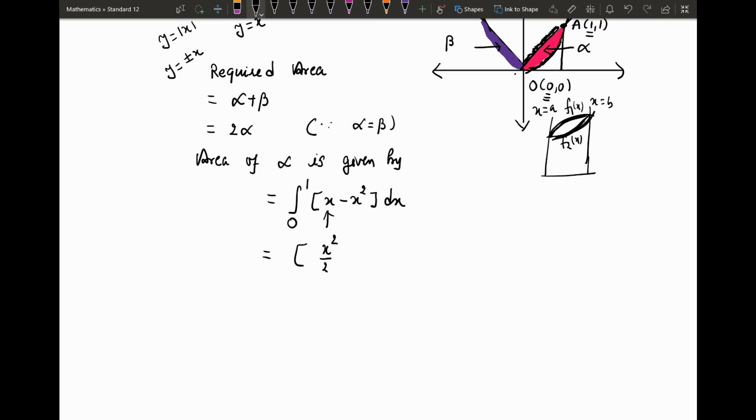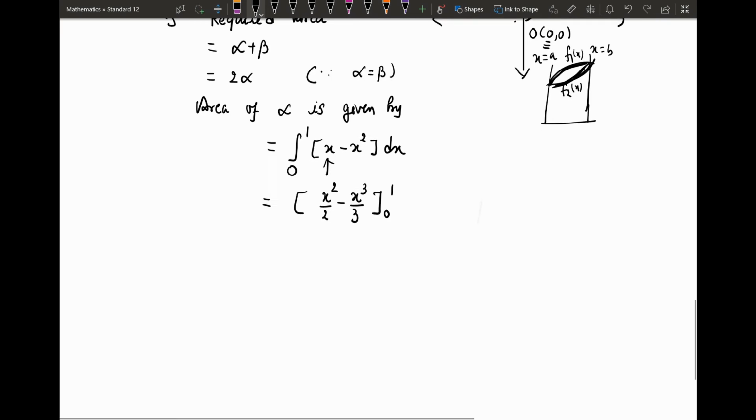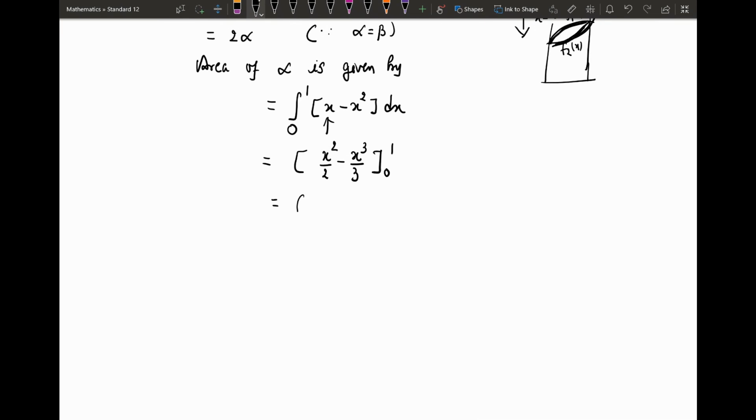So this is x square by 2 minus x cube by 3, limit 0 to 1. First put the upper limit minus the lower limit.